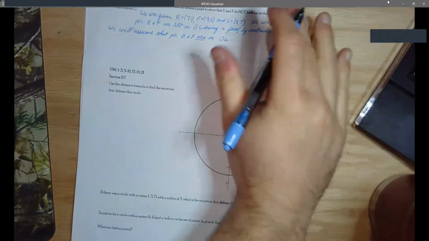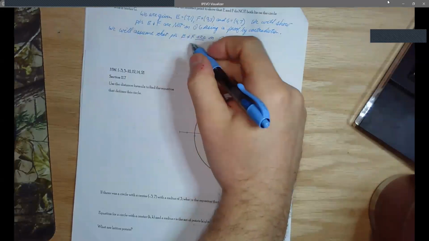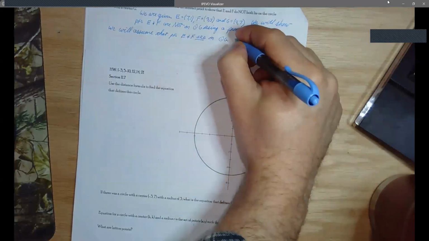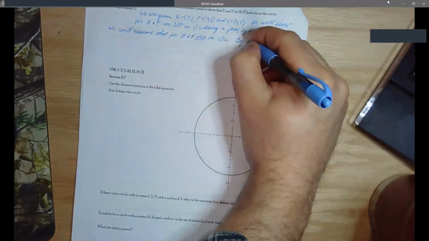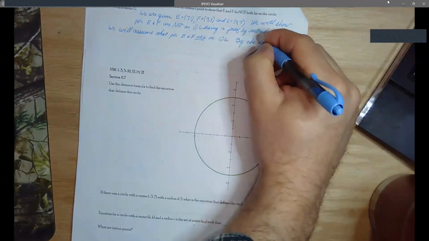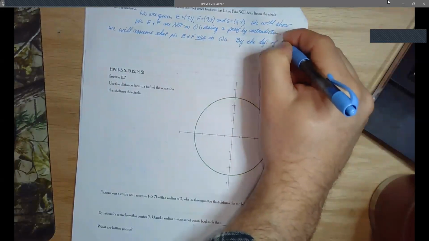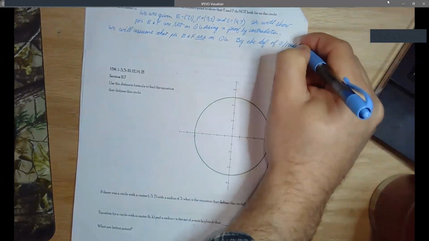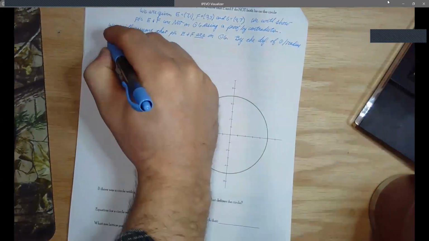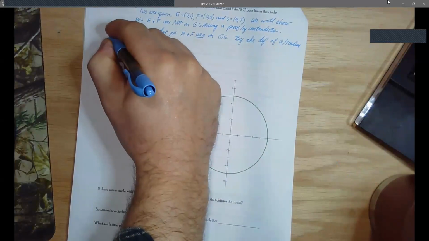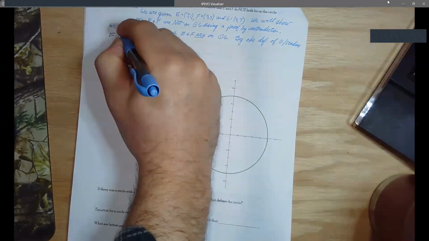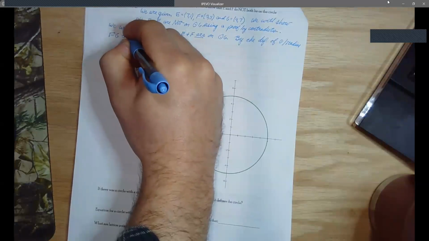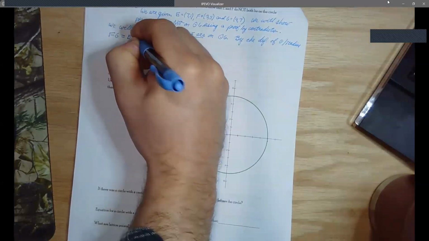So what does it mean for points E and F to be on circle G? By the definition of circle or radius, our book puts them together, FG must equal EG, right?